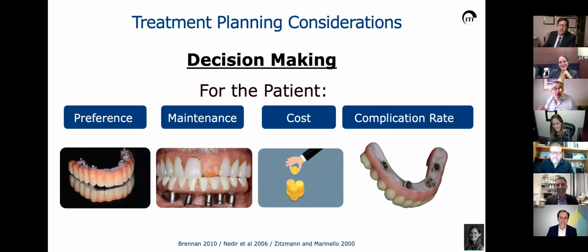And well, there are crossover studies where they had patients with a removable overdenture, and then they switched them to a fixed, and vice versa. And when you look at the results, that's a study done in the Netherlands. It's quite surprising.